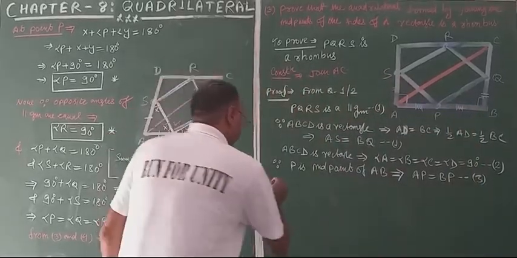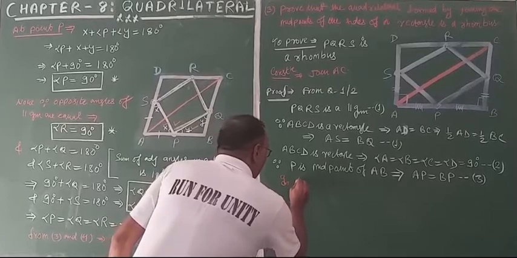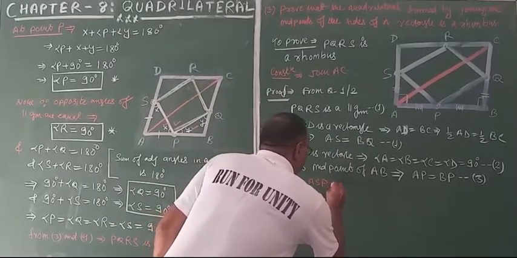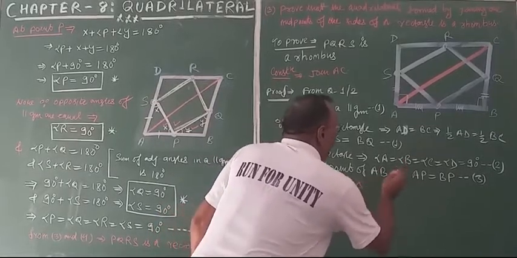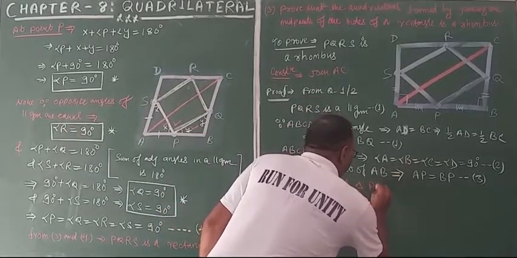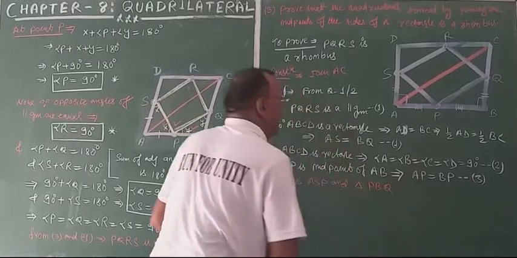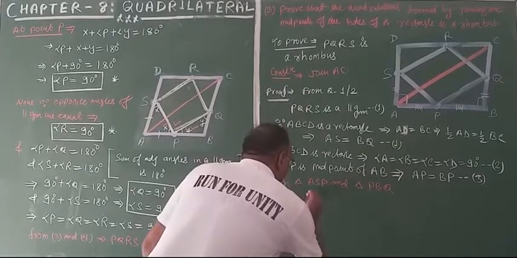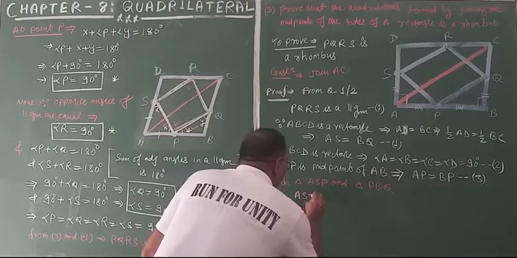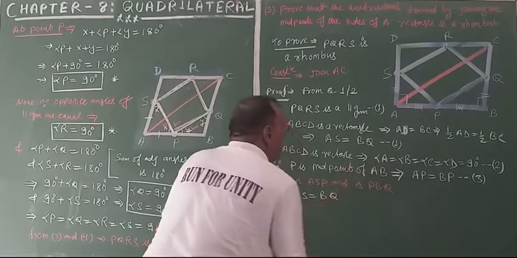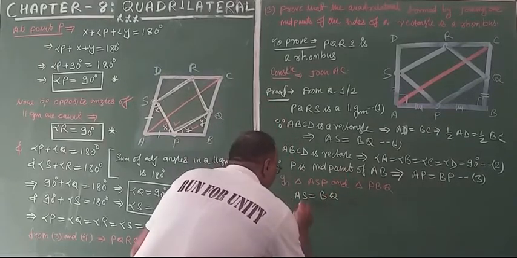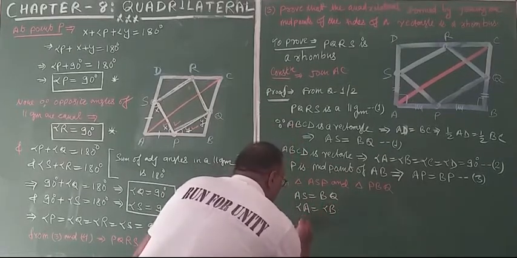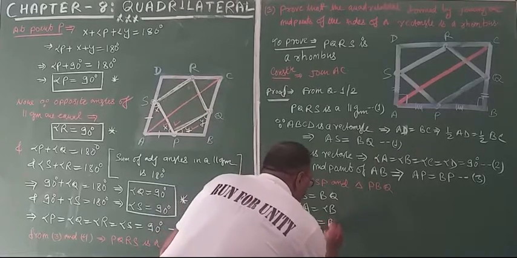Now, in triangle ASP and triangle PBQ, what is there? AS is equal to BQ. Another thing, angle A is equal to angle B. And another thing, AP is equal to BP.